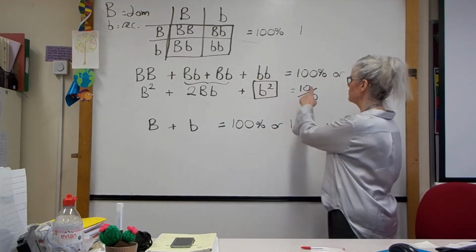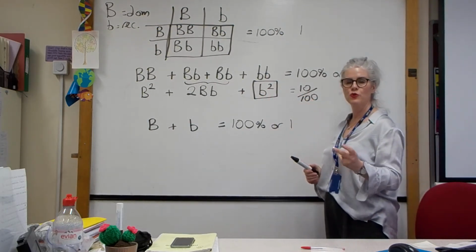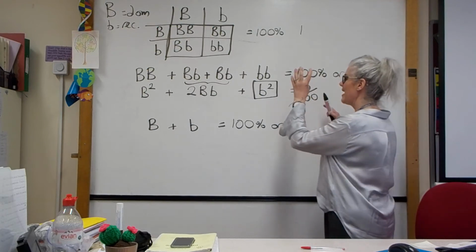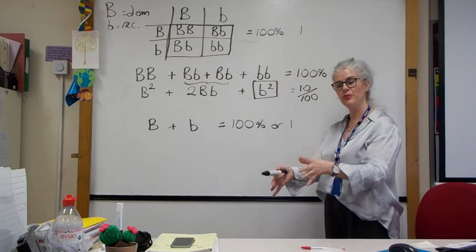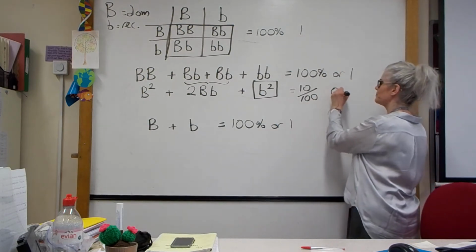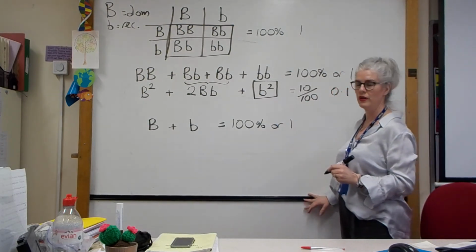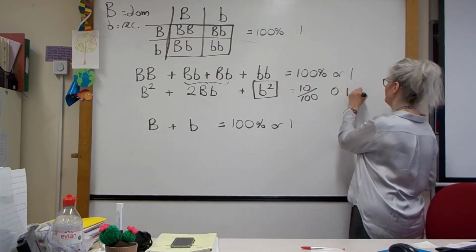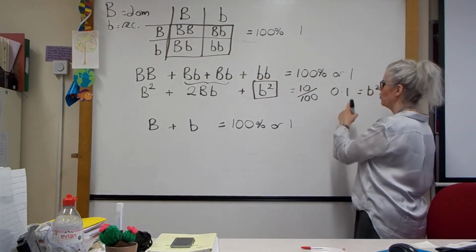So 10 out of 100 white rabbits would be homozygous recessive. So we can actually count those. You can see the white rabbits, you can count them, and so you can work out a frequency of 0.1. So the frequency of b squared is 0.1.